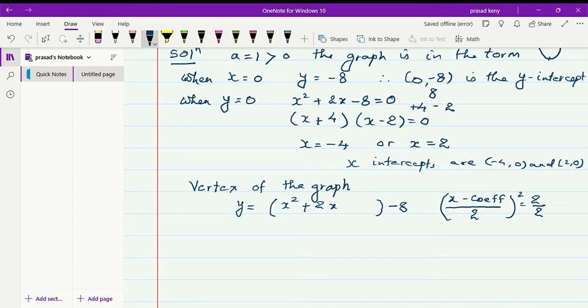Now keep it in mind here that the x² coefficient is 1. So directly take the x coefficient divided by 2 and square it. So (2/2)² is 1.